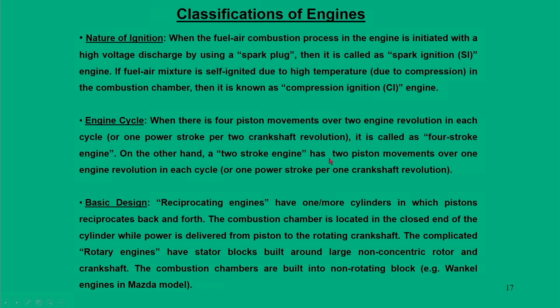But in a 2-stroke engine, there are 2 piston movements over 1 engine revolution, so we get 1 power stroke per crankshaft revolution. So, the bottom line is 1 power stroke per 2 crankshaft revolutions in a 4-stroke engine and 1 power stroke per crankshaft revolution in a 2-stroke engine. I will explain in detail in subsequent lectures.